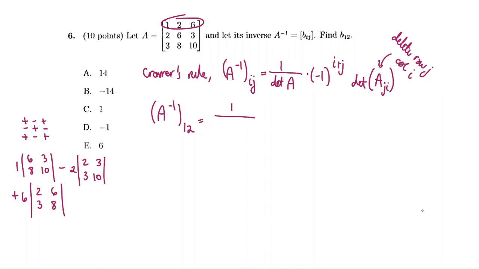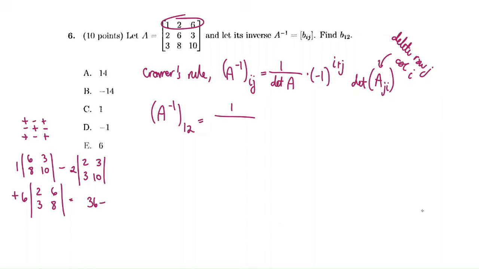Yeah, okay, so we can do this: 60 minus 24 is, no, that's wrong, 36.